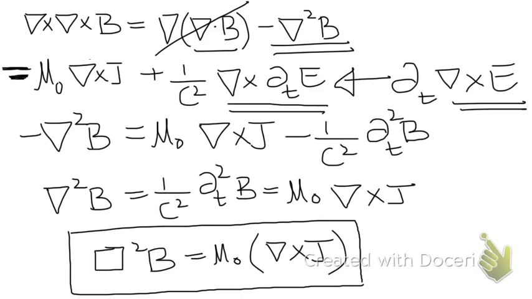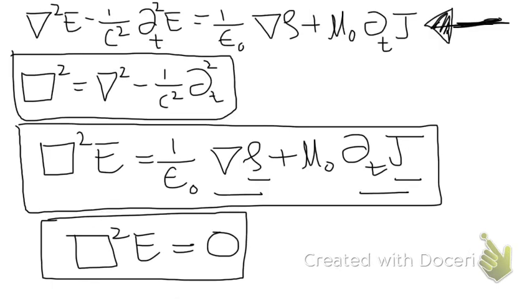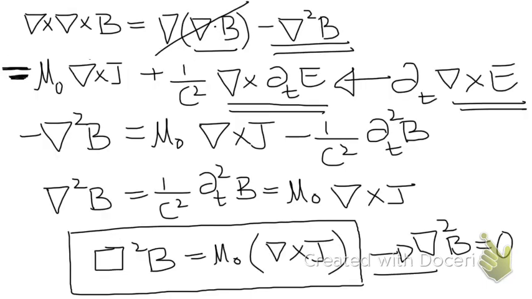Okay, so this is our second Maxwell's wave equation for the magnetic field. And again, if I have this in free space, this equation shall become like this, so my current density vanishes. Alright, so we are pretty much done. This over here is my first Maxwell wave equation, and this over here is my second Maxwell wave equation. So for the pleasure of it, let's write both of them over here.